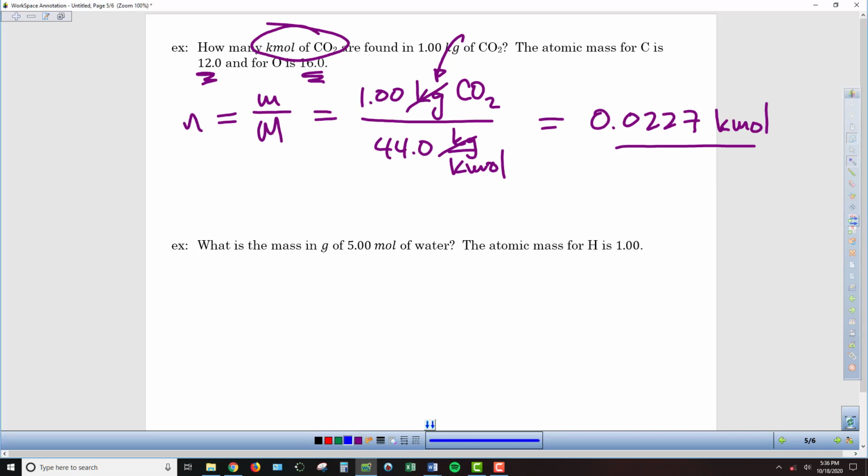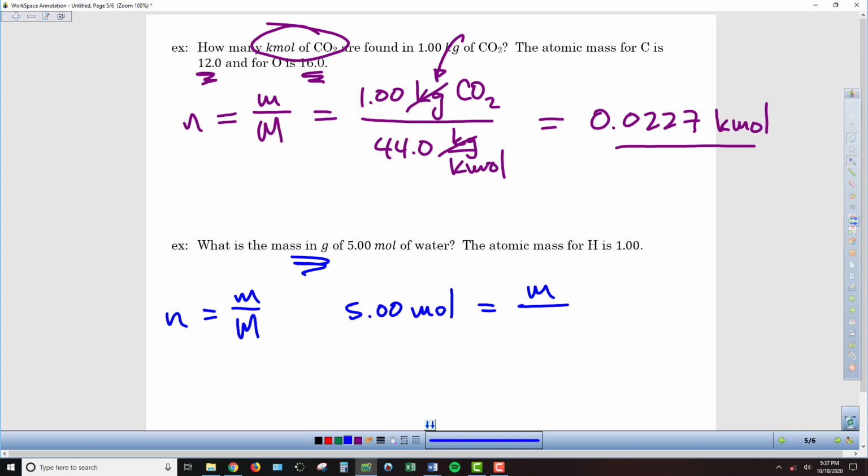In the second example, now we're trying to find the mass in grams of 5 moles of water. So we can again use our same equation. Number of moles is equal to the mass of the substance divided by the molar mass of the substance. So this time we know what n is, so that's our 5 moles. My mass of the substance is what I'm solving for, which means I need to know the molar mass of the substance.